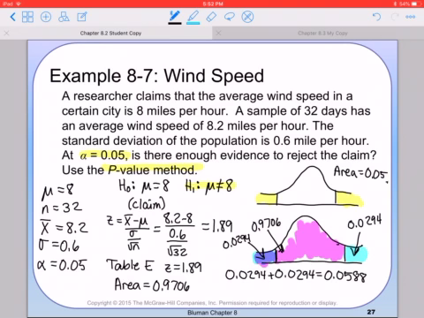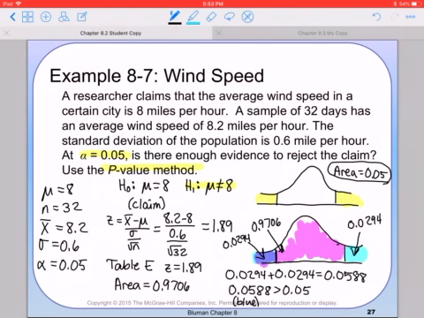When we compare it to the area of our alpha, we have that the blue region is bigger. So this is the blue, and that's bigger than 0.05.